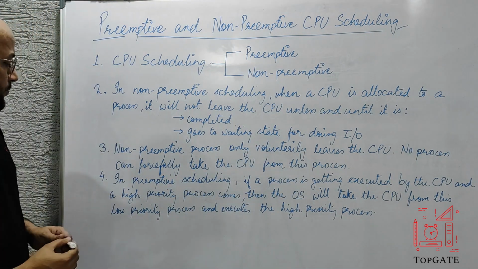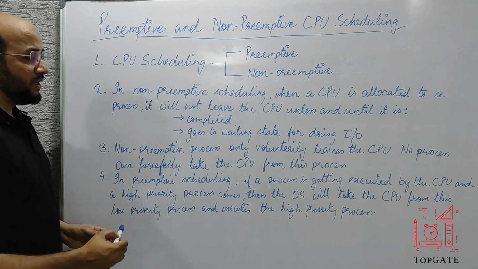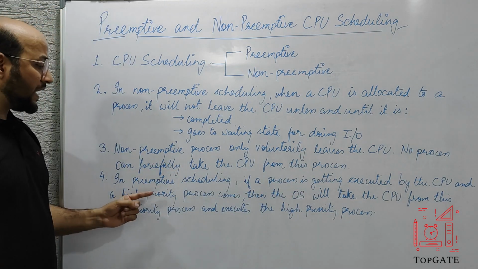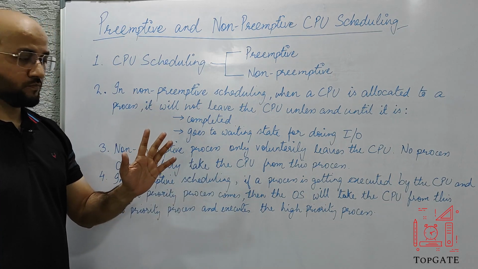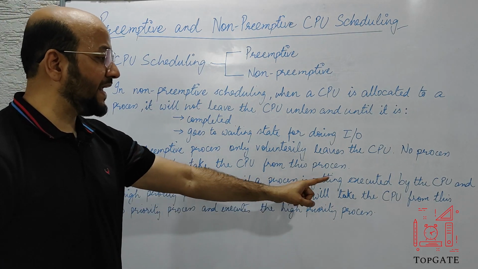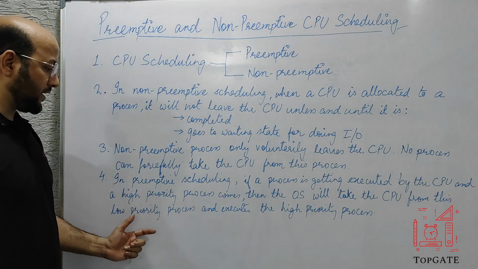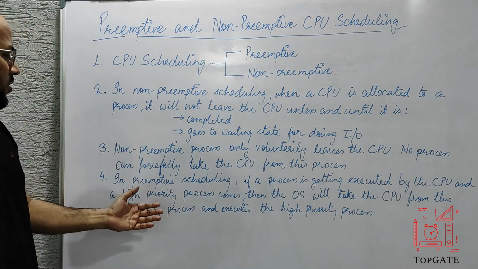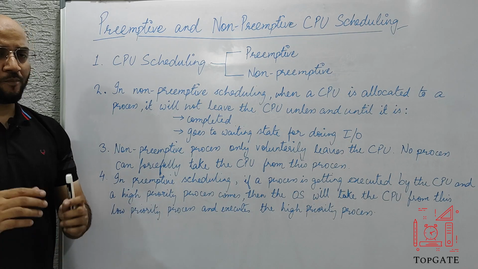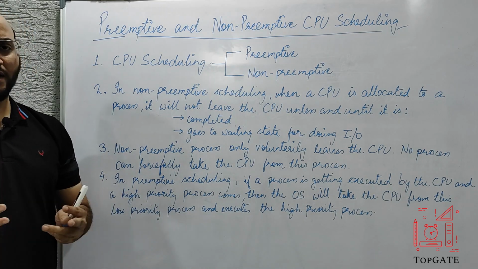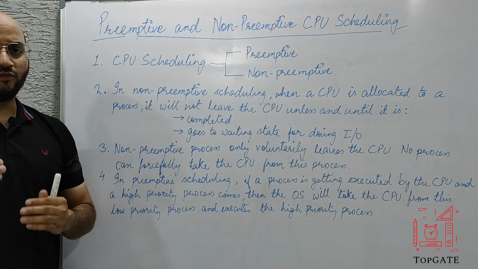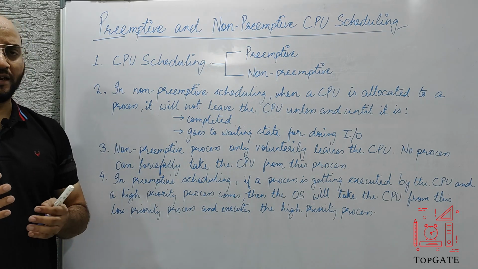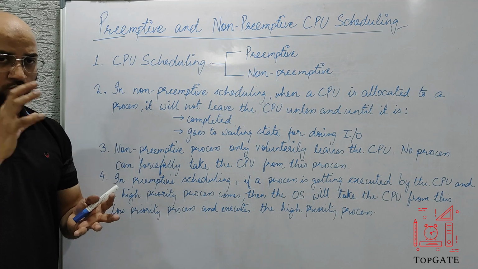Clear? Fourth point. Now, in preemptive scheduling, if a process is getting executed by the CPU and a high priority process comes, then the OS will take the CPU from this low priority process and execute the high priority process. So this is called preemptive scheduling. A process is getting executed, suddenly a process comes and informs the operating system that it is a very high priority process and it needs to complete its work at that very moment.